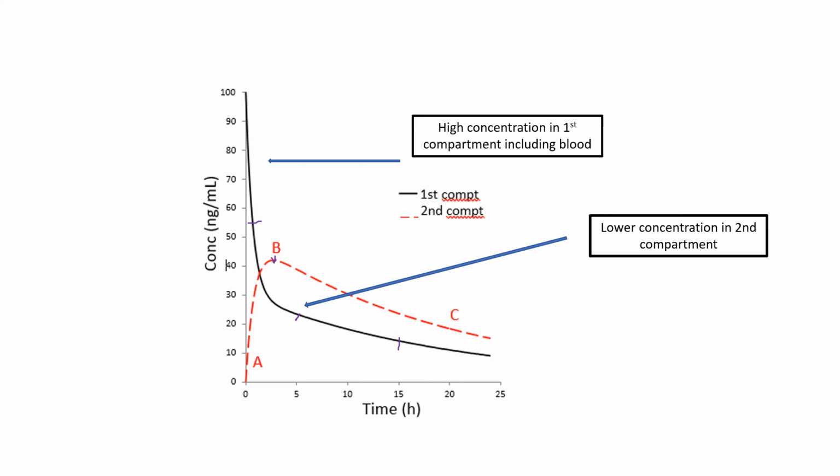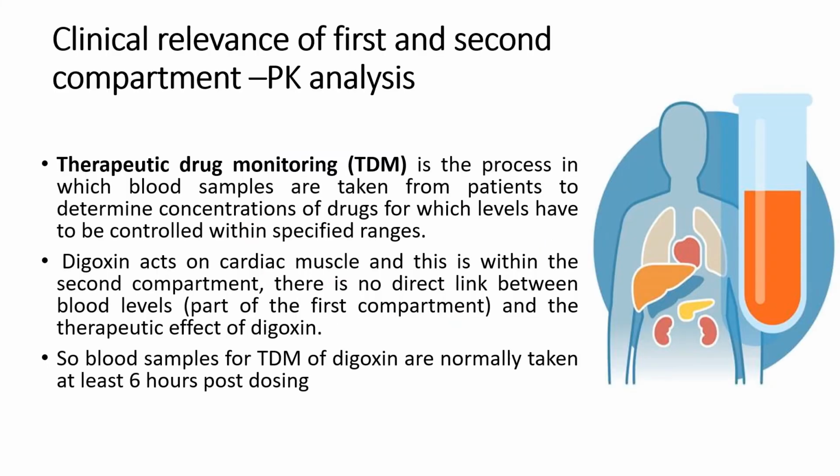So this is how the concentration of drugs will be if we measure it in both the first compartment and the second compartment. So let us try to understand the clinical relevance of the first and the second compartment. You might be aware of therapeutic drug monitoring, which is known as TDM. It is the process in which blood samples are taken from patients to determine the concentration of drugs for which the levels have to be controlled within specific ranges. Digoxin is given in case of arrhythmia. Previously, now it is being given less.